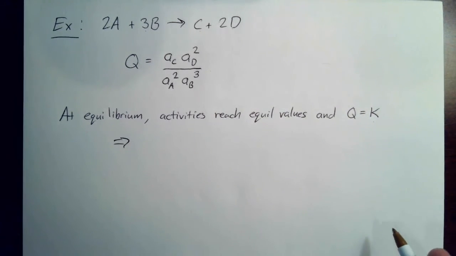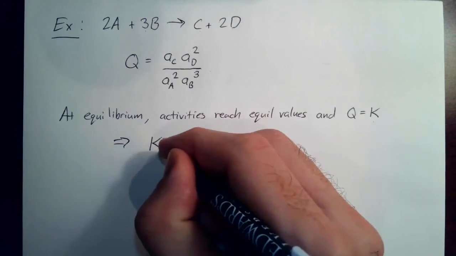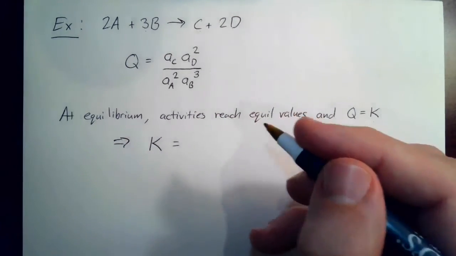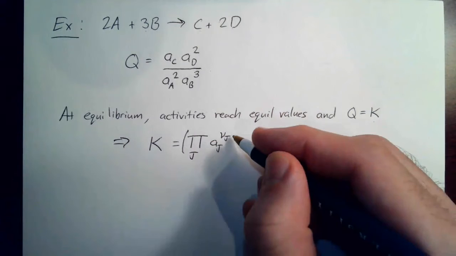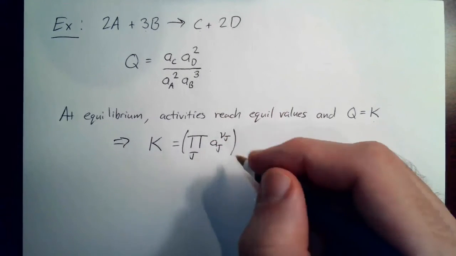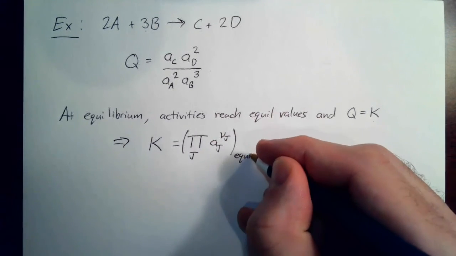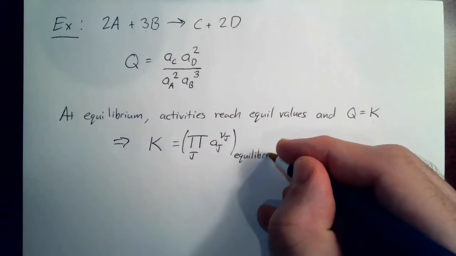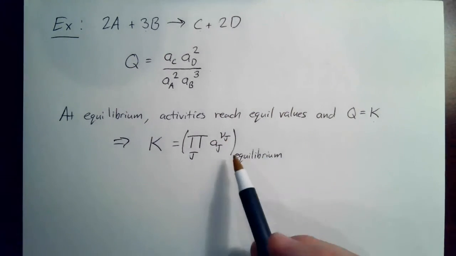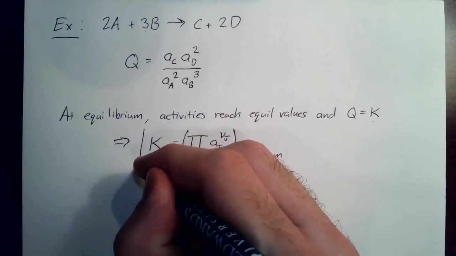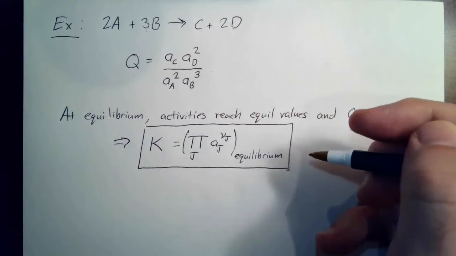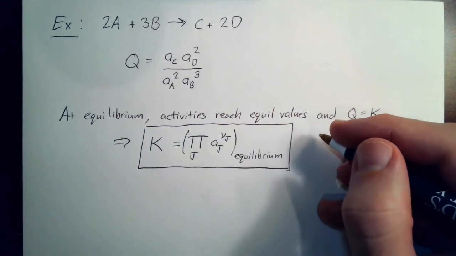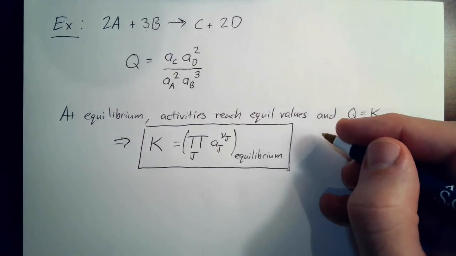So now I can write the formal definition of K, which looks exactly like Q, except all of these values, all these activities, we're using their equilibrium values. All right, so this is our formal definition of K. And K is called the thermodynamic equilibrium constant.